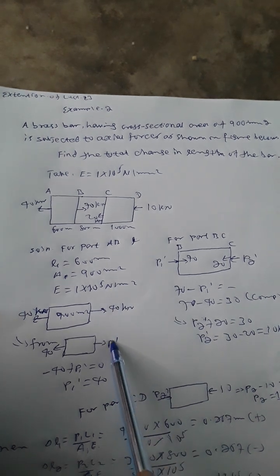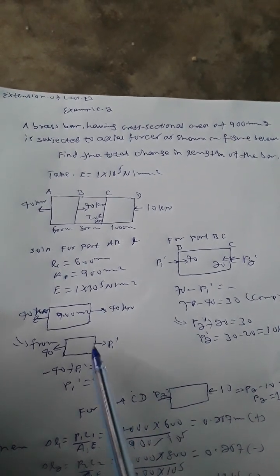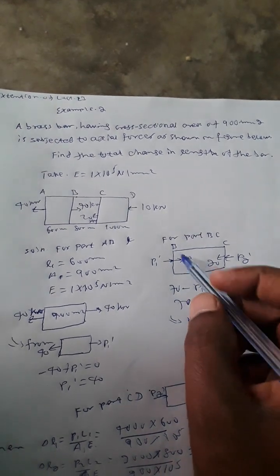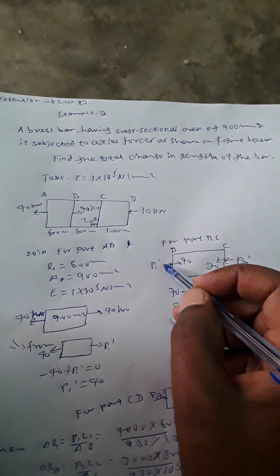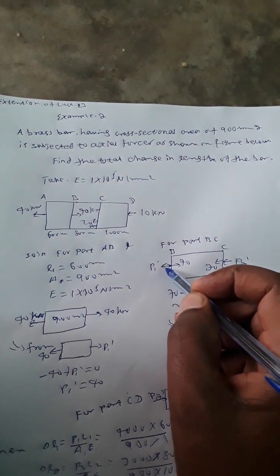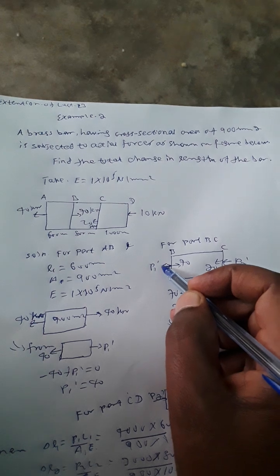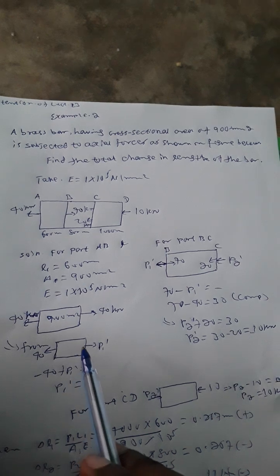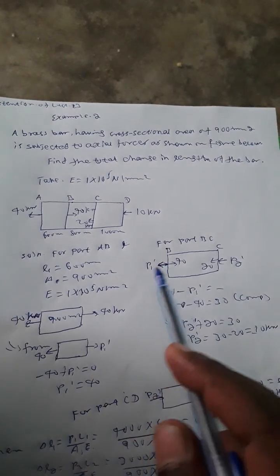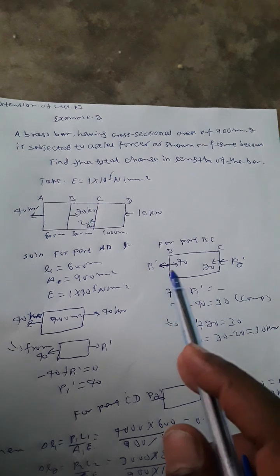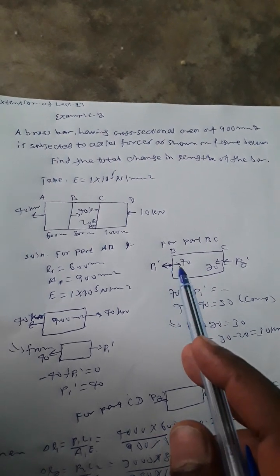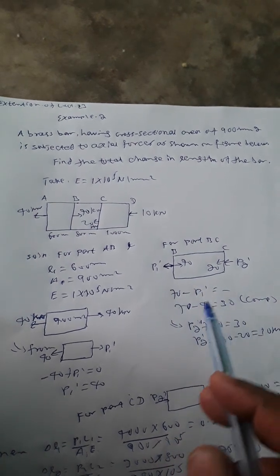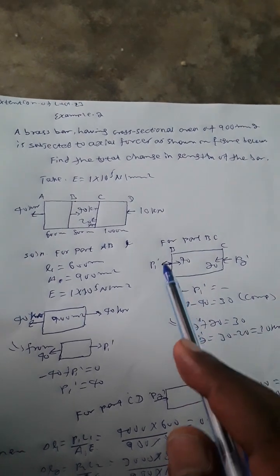This is tensional force on part 1, and also on part 2 it is tensional force. 70 in the x direction, 70 minus P equals blank: 70 minus 40 is 30.